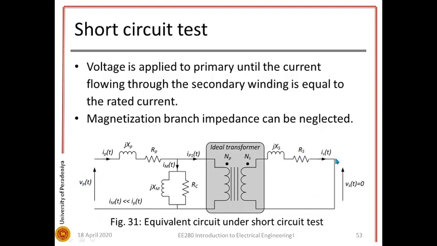Now when there is a current flowing through the secondary winding IST, there will be a current flowing through the primary as well, IP1. Then there will be the magnetization current. The addition of IMT and IP1T makes the input current to the transformer IPT. When we compare the currents IP1T and IMT, IMT is much smaller, therefore we can neglect the magnetization branch in the short circuit condition.